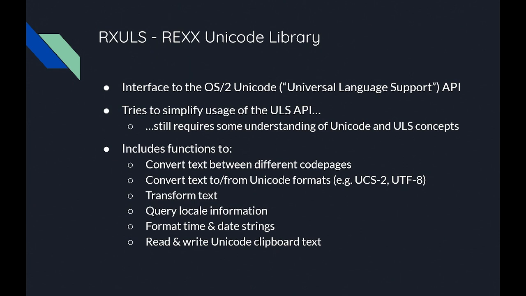The probably most commonly known ones are number format, date format, currency symbol, that sort of thing. If you've ever used OS/2 in different environments, you probably noticed that in some places dates are written in one format, and in another format somewhere else.